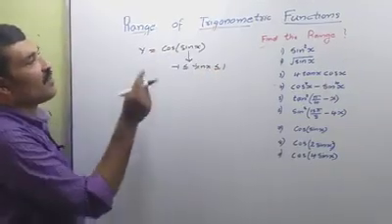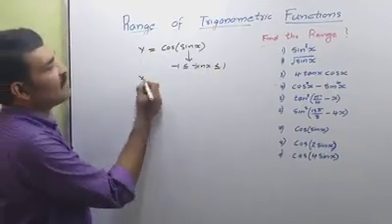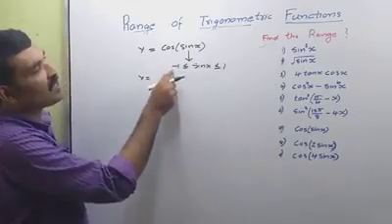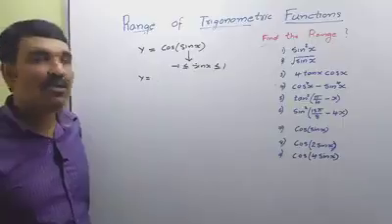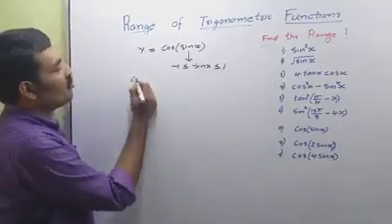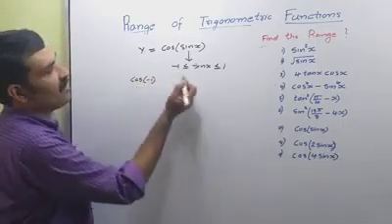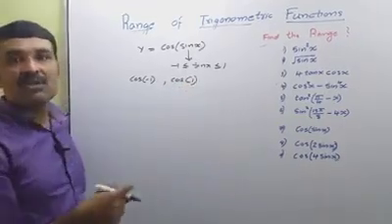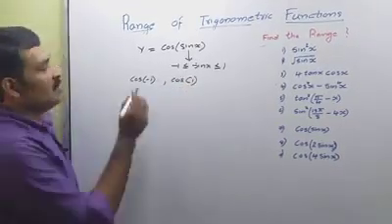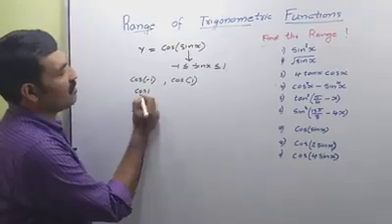So for the function y, the minimum value of the argument of cosine is minus 1 and the maximum value is 1. Okay, cos of minus 1 and cos of 1. And we know that cos of minus theta is equal to cos theta. So cos of minus 1 is equal to cos 1.